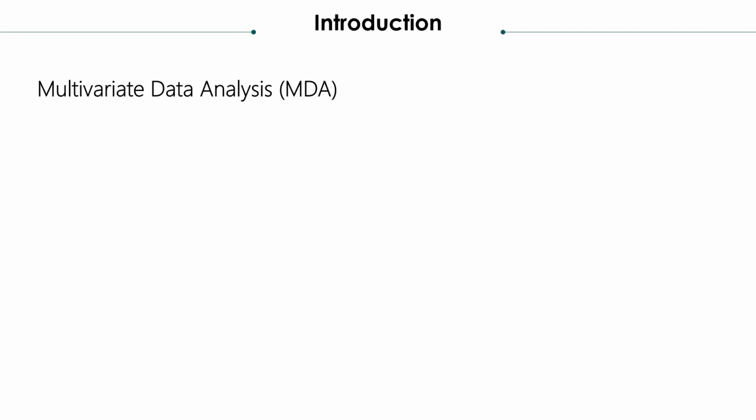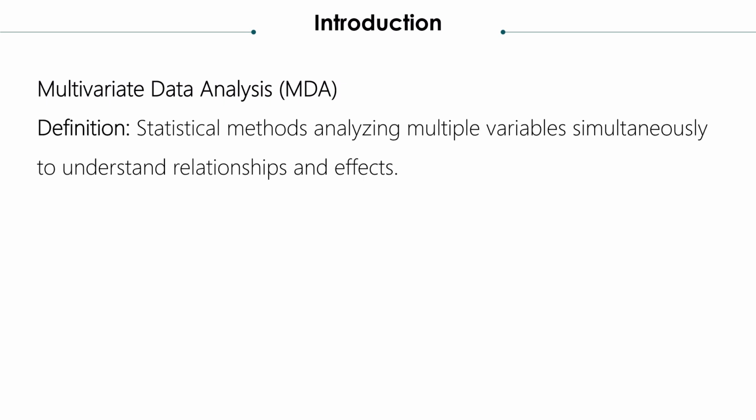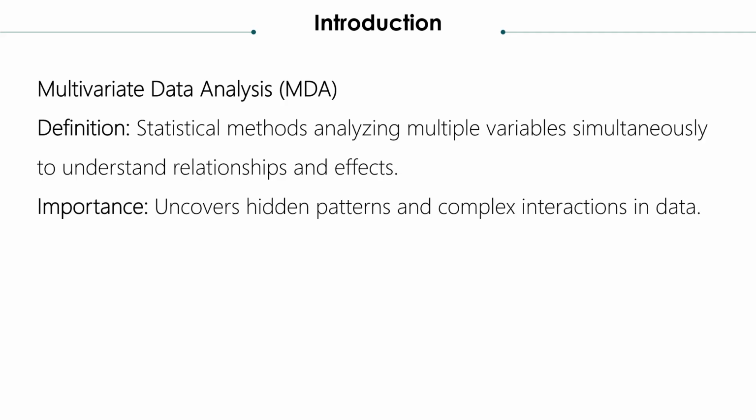So first, multivariate data analysis. The definition of multivariate data analysis is processing multiple variables simultaneously to understand relationships and effects. The importance of multivariate data analysis is to uncover hidden patterns and complex interactions in data, and moreover it is used to make informed decisions for any goals or objectives.